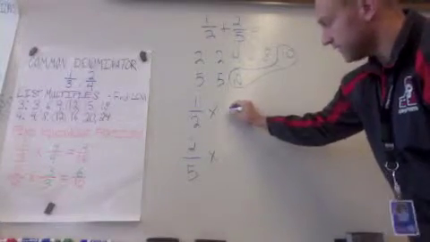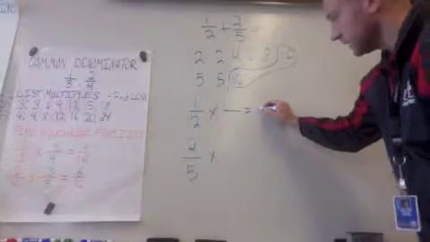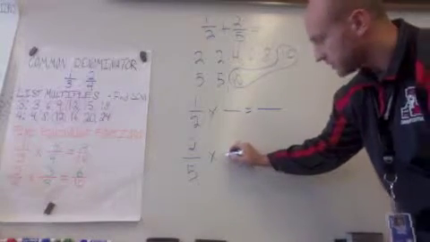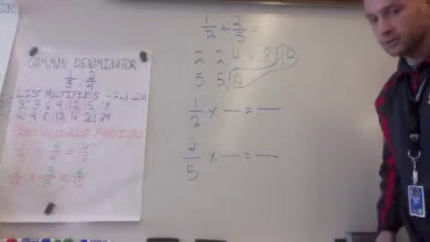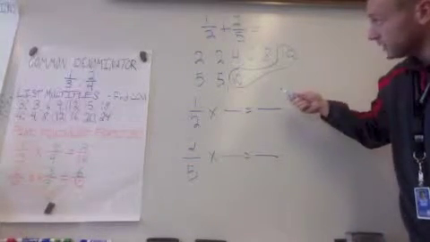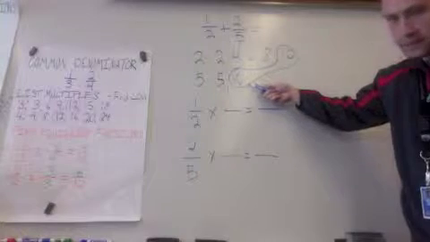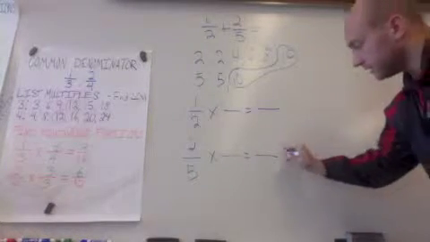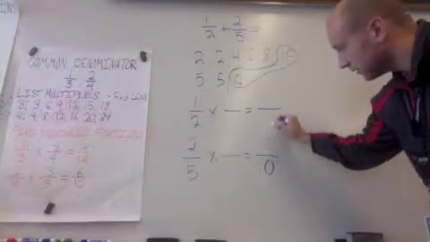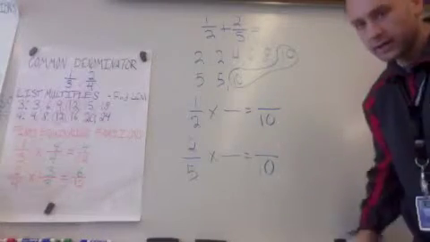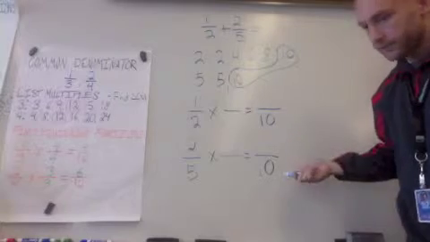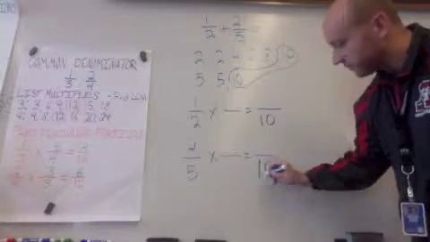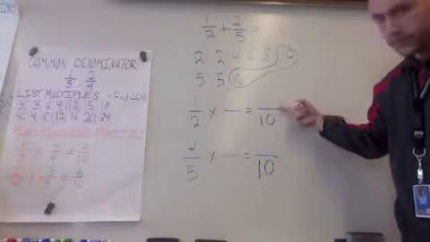So 1/2 times something equals something. 2/5 times something equals something. Okay, what we do know right now is that our common denominator is this least common multiple, 10. So I can write that down here. That's what I'm trying to get to. I want to change both of my fractions so that they have a denominator of 10. So now we just need to figure out the numerator.